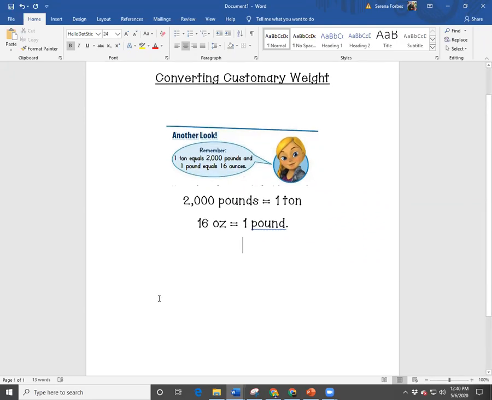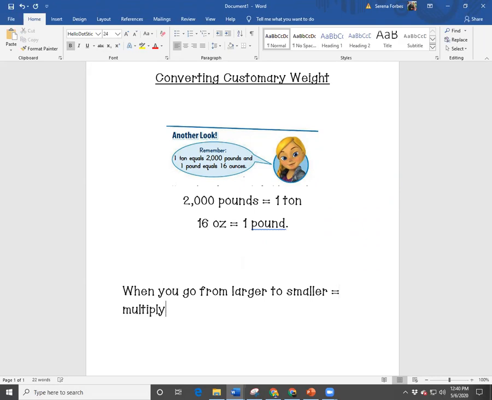The other thing that you need to know, which is the same as before, I'm going to put this on the left-hand side, is when you go from larger to smaller, you have to multiply.